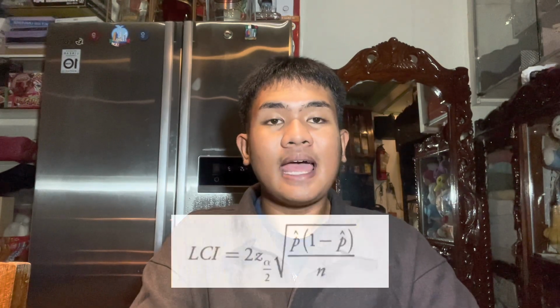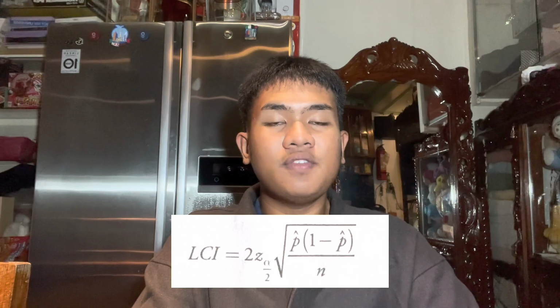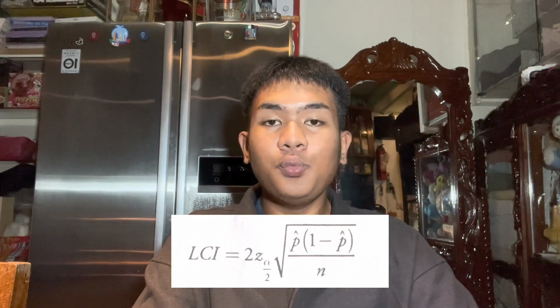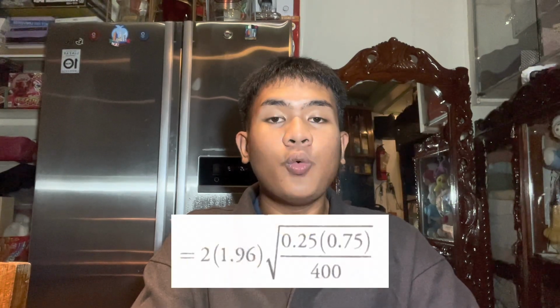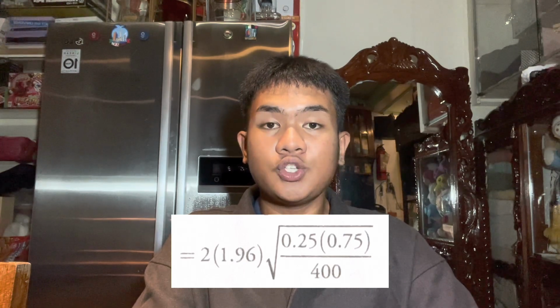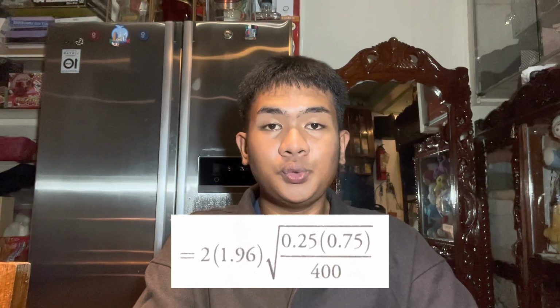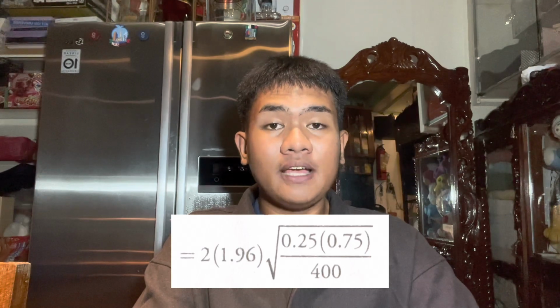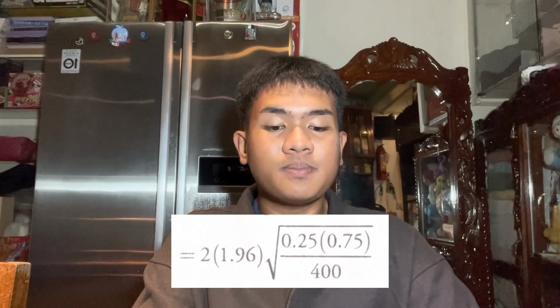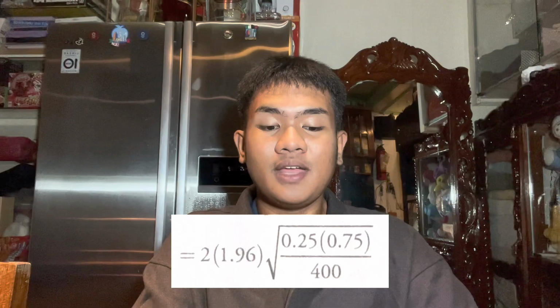1.96. And now, we are going to solve the given formula, which is 2 times 1.96, equals 3.92. And 0.25 times 0.75 equals 0.1875.